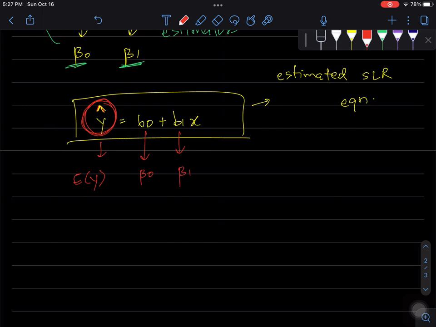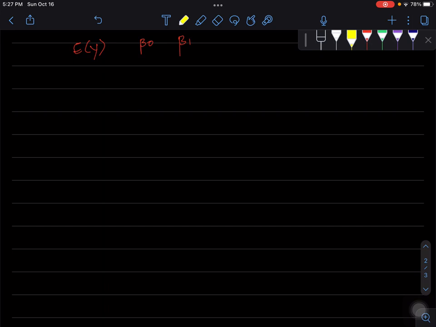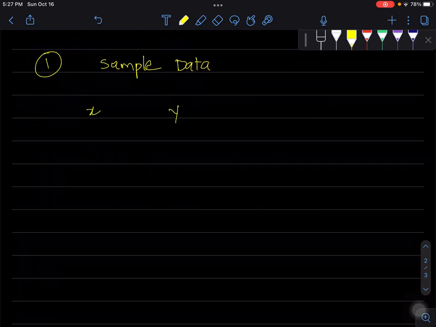Now, the whole process of getting a regression model works like this. In the beginning we have sample data. We have some restaurants, and we can collect data from previous years for x and y values: x1, x2, and y1, y2.